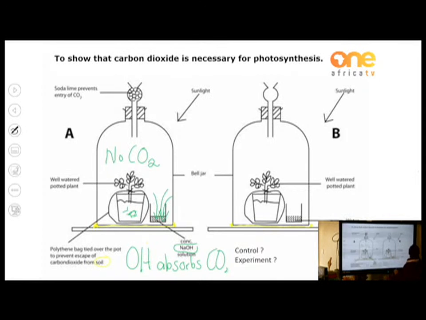On this side, we have the air coming in, and we know air contains carbon dioxide.